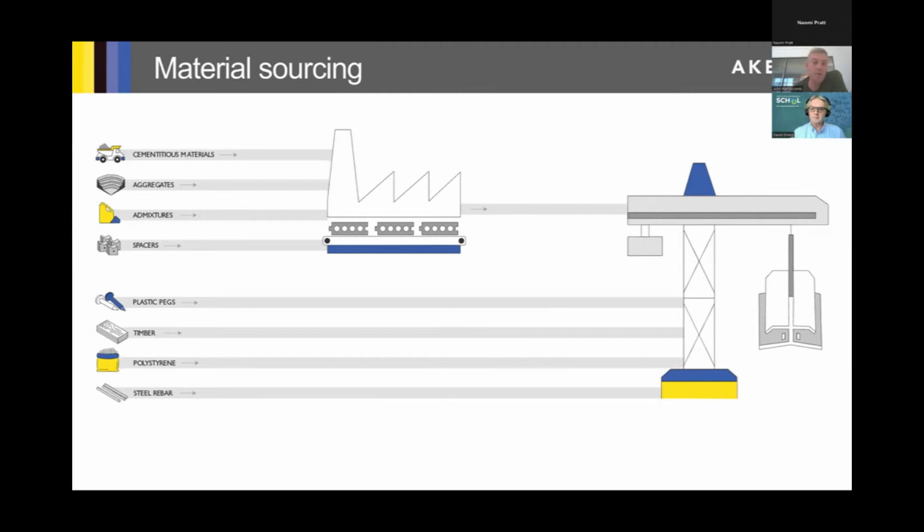Reinforcement coming from various parts of the world has different recycled content and gets manufactured in different ways, so across your material supplies, you can have quite varying carbon content in each raw element that makes up a cube of concrete.